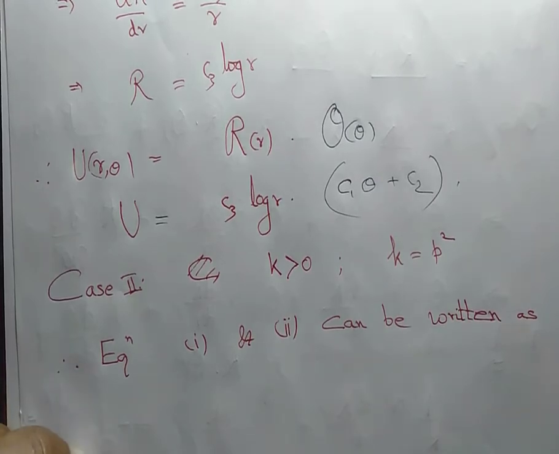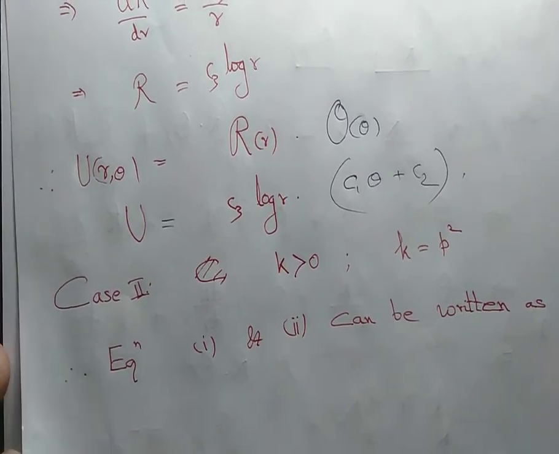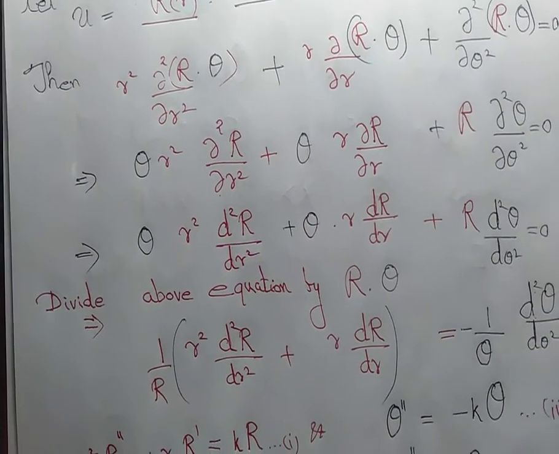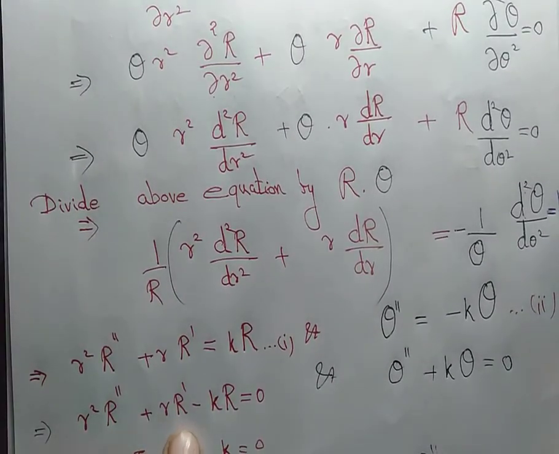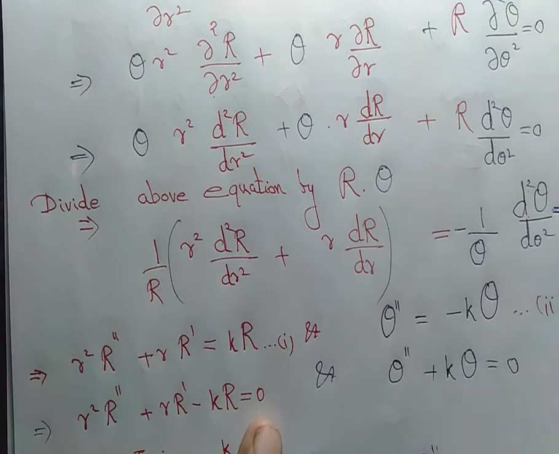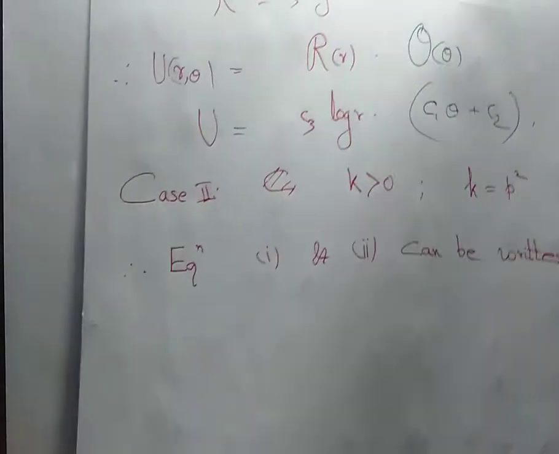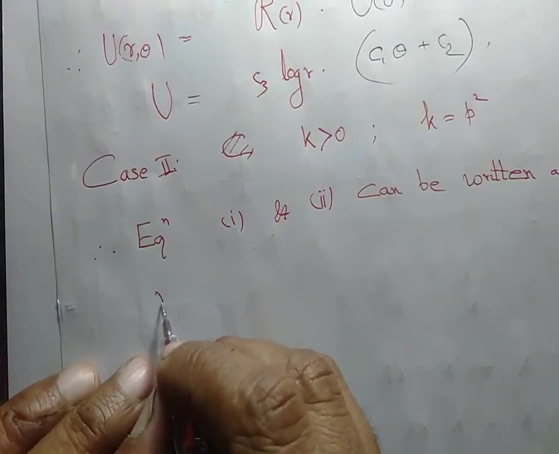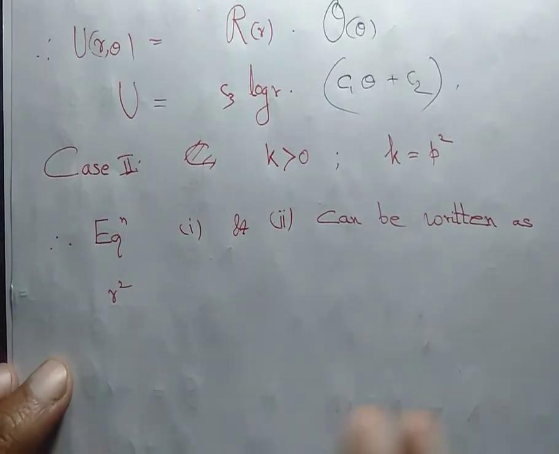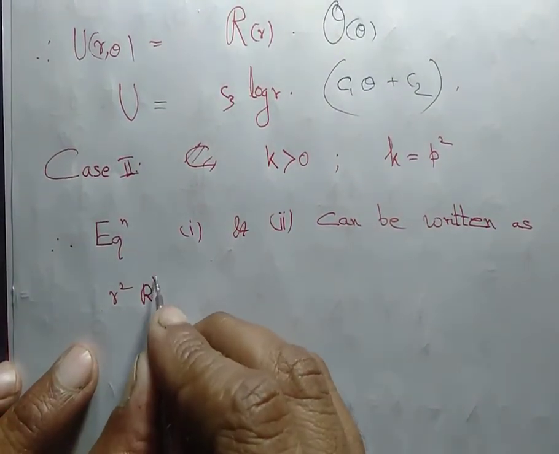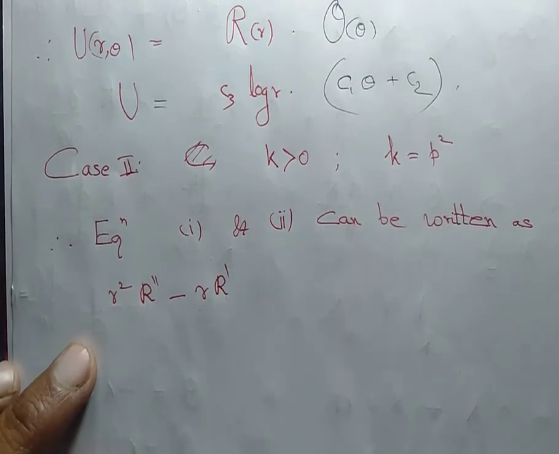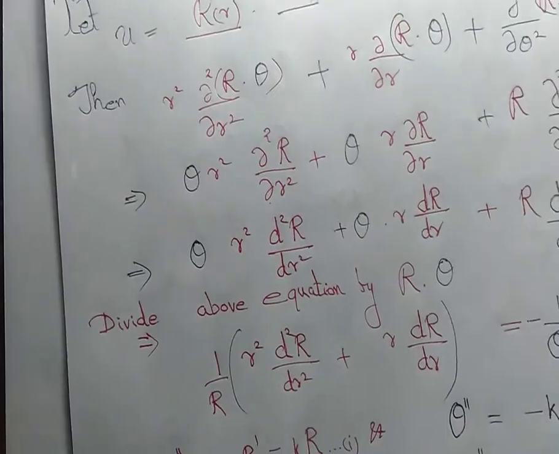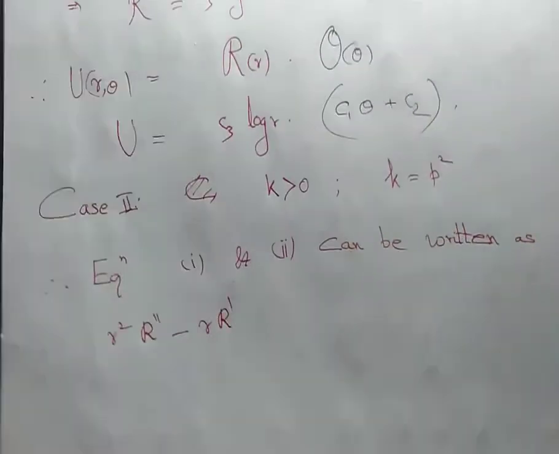Equation 1 is r squared r double dash plus r dash minus kr equal to 0. So you'll have r squared r double dash plus r dash minus kr equal to 0.